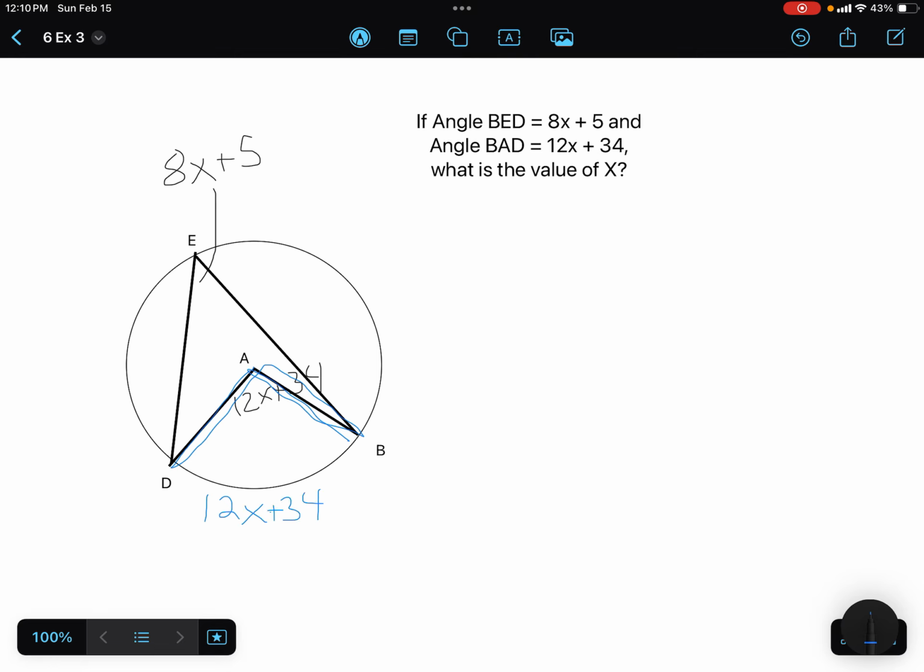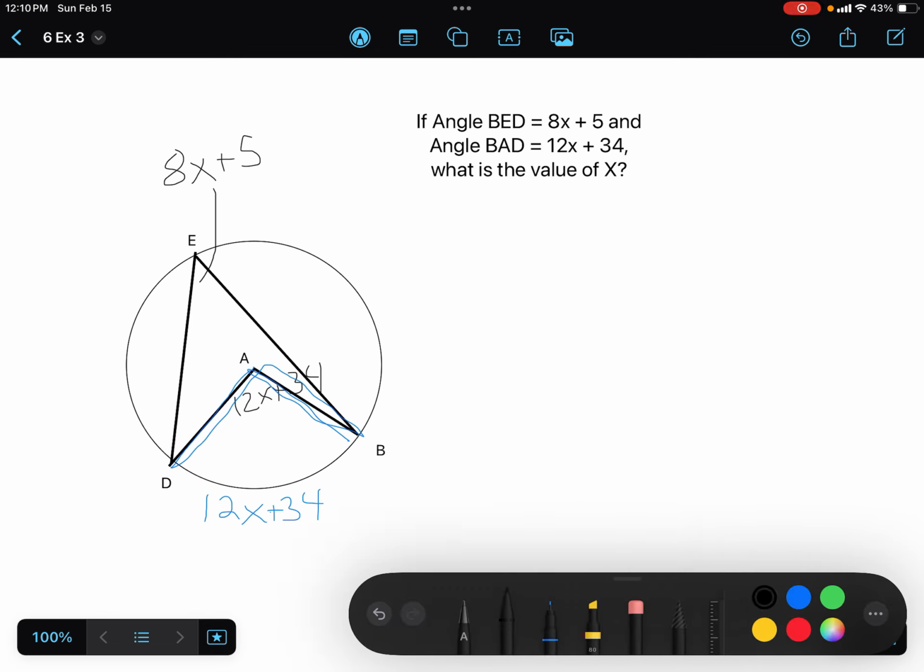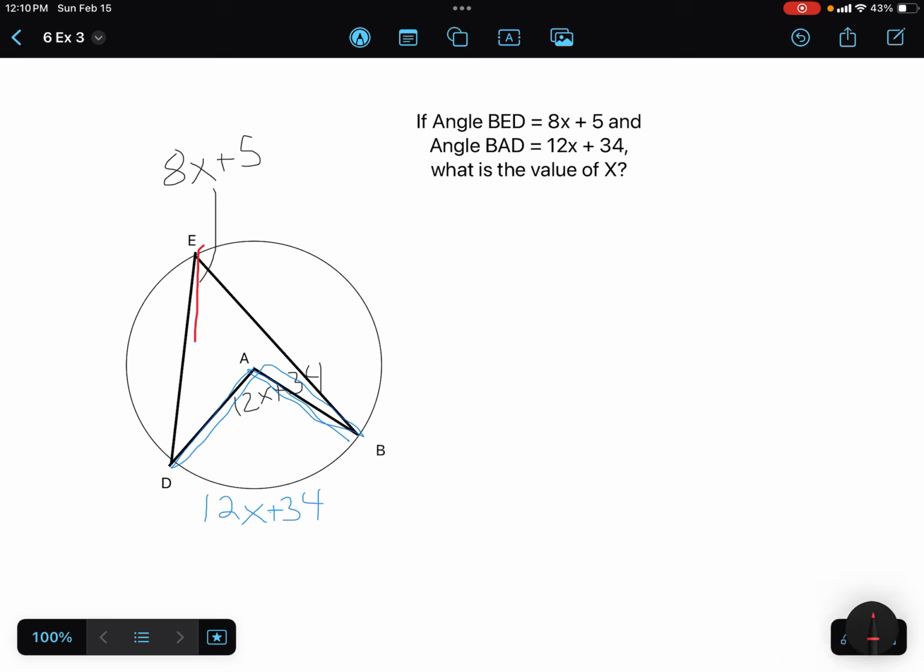Now, if we go off of the inscribed angle BED, that is 8x plus 5. So the intercepted arc, which is the same arc that we've already labeled, is going to be 2 times 8x plus 5, 2 times that inscribed angle, because angle times 2 equals arc.